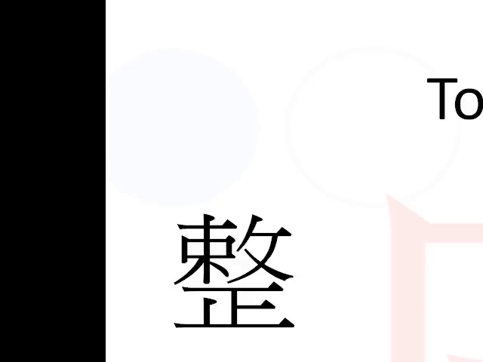So first of all, the pronunciation of this verb is called 整, 整, which I think the best alphabet representation would be tsing, but we're lowering the ing sound, so it would be more like 整, 整, where ing would be like ing instead of ing.